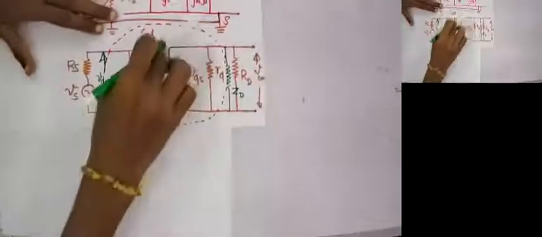So now this circuit becomes simpler. This capacitance will be removed, so I can redraw the circuit something like this.